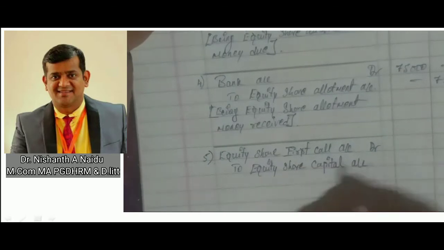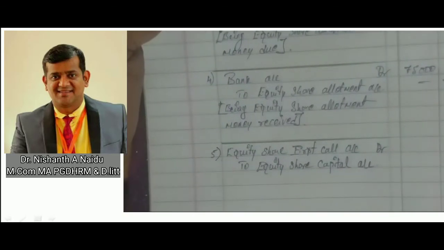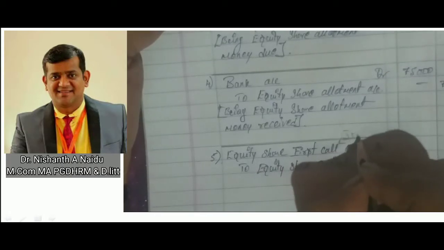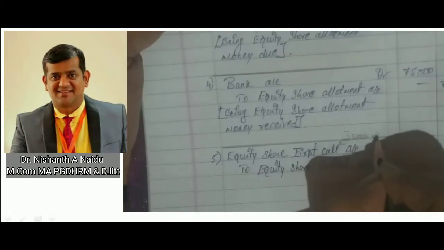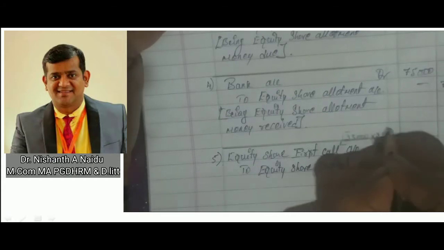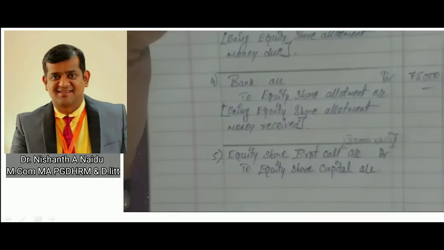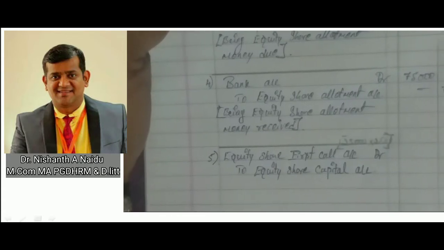Open the bracket. How many shares are we issuing? 25,000 into 2 rupees 50 paise, correct?